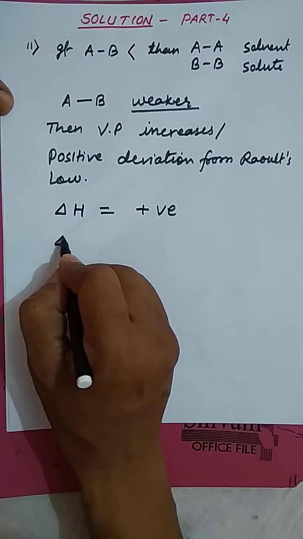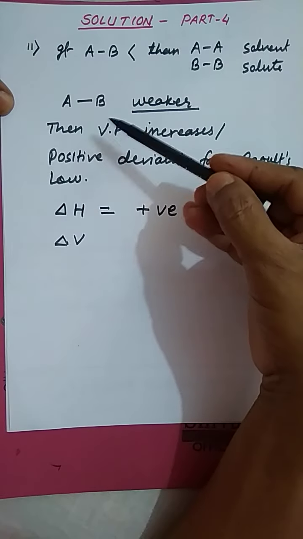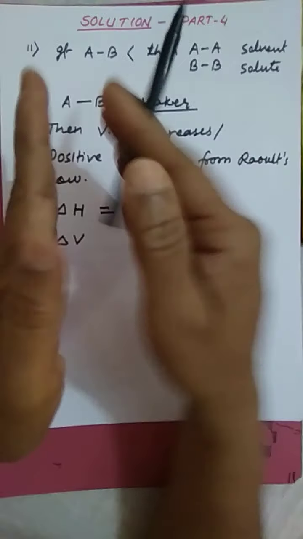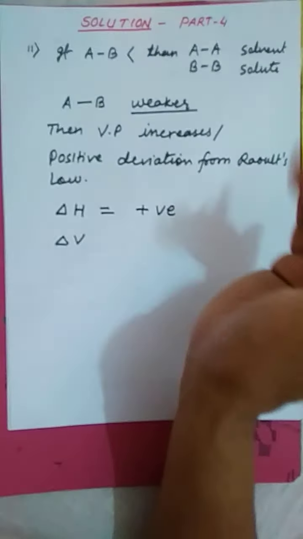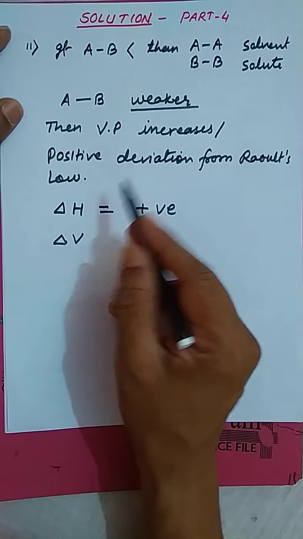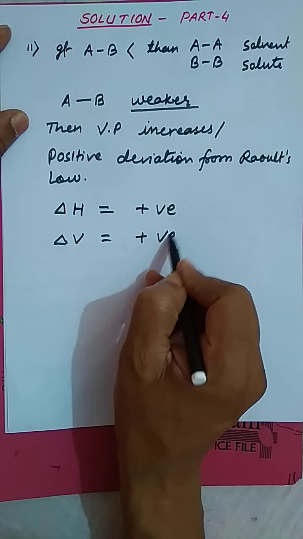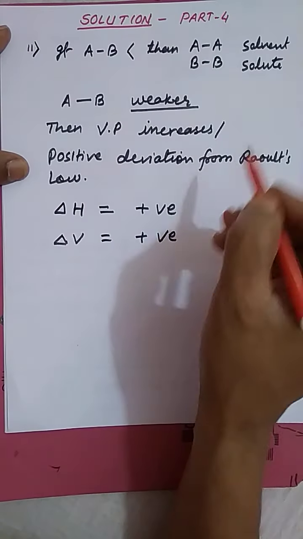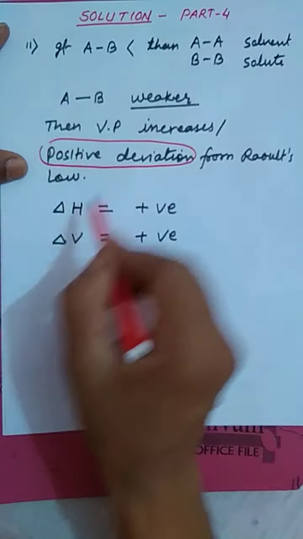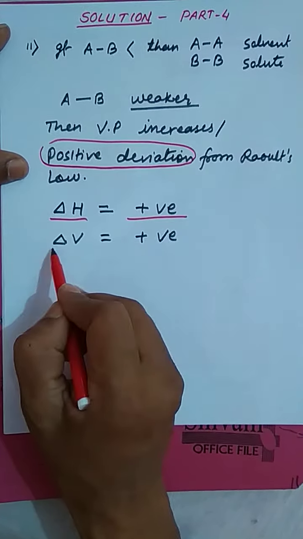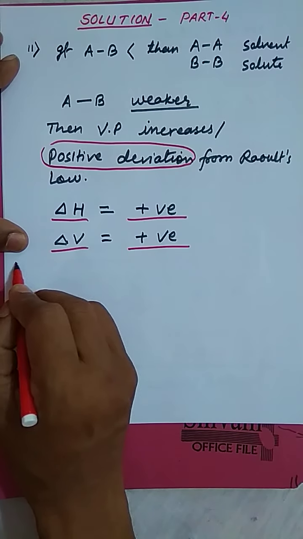And what is the effect on change in volume? If the bond becomes weaker, then definitely the bond length becomes larger and volume increases. So final volume minus initial volume is positive. So friends, always remember, in case of positive deviation, delta H is positive and delta V is also positive. Now let us put some examples of that.